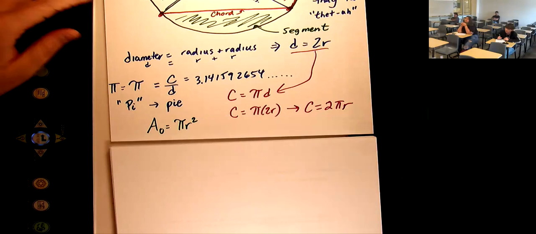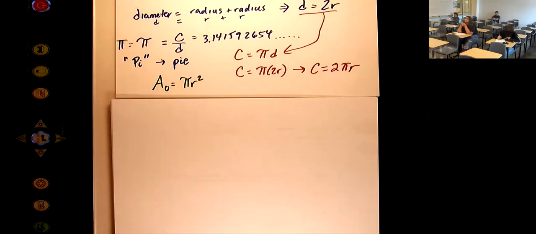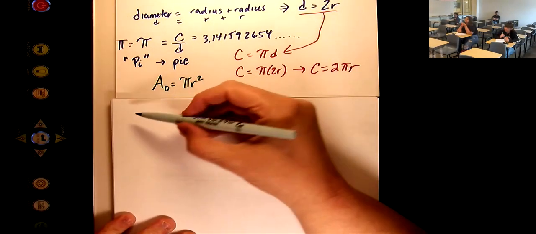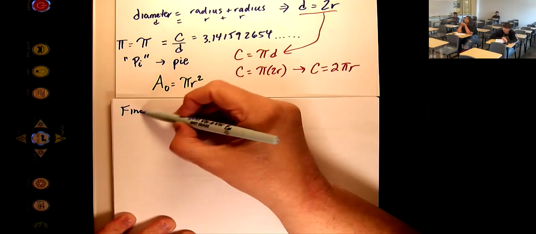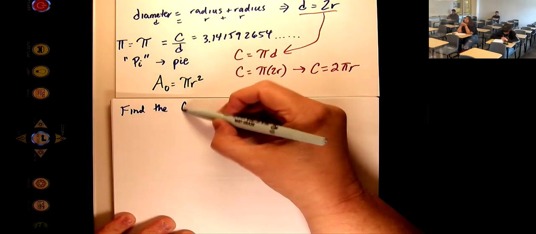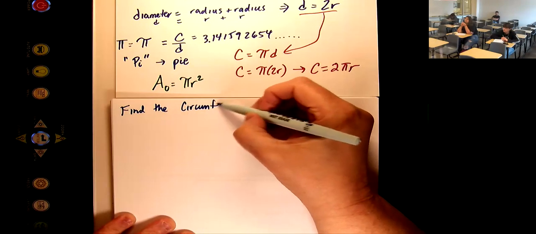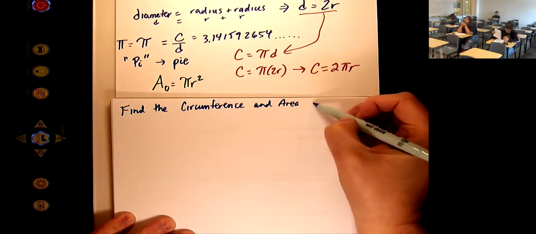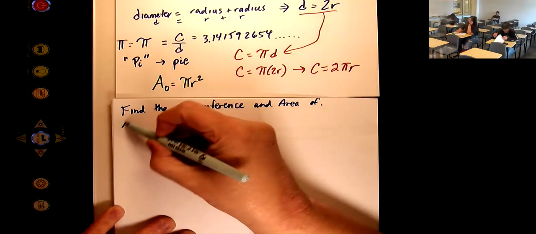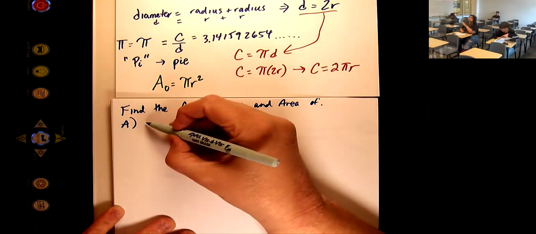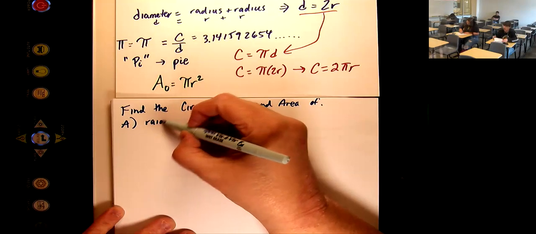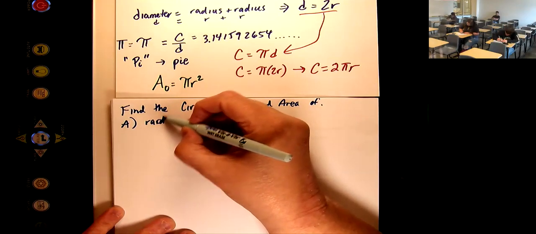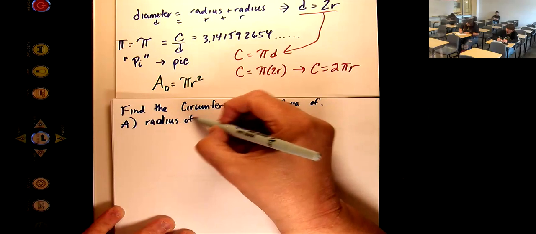So let's do a couple of exercises, getting comfortable working with that. For all of these, let's find the circumference and area. On A, we're going to say a circle with a radius of 1.7 feet.